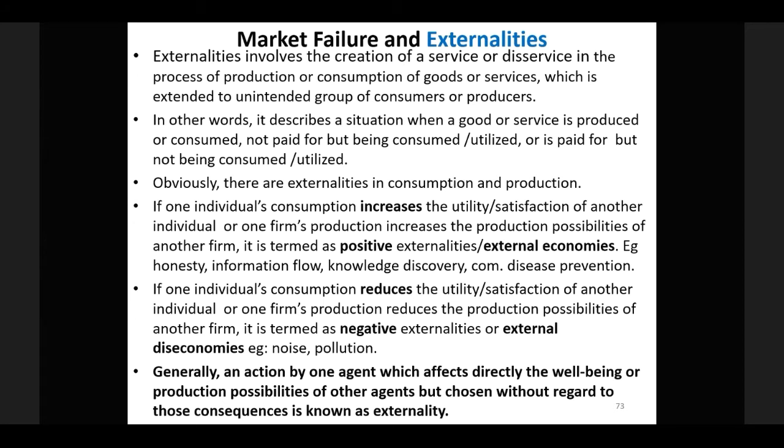If one individual's consumption reduces the satisfaction of another, or one firm's production activities reduce the production possibilities of another firm, this is termed external diseconomies or negative externalities. Negative externalities usually are accompanied by some noise. For instance, if the production of one individual creates noise that disturbs the ability or production possibilities of another individual, we say that's a negative externality.